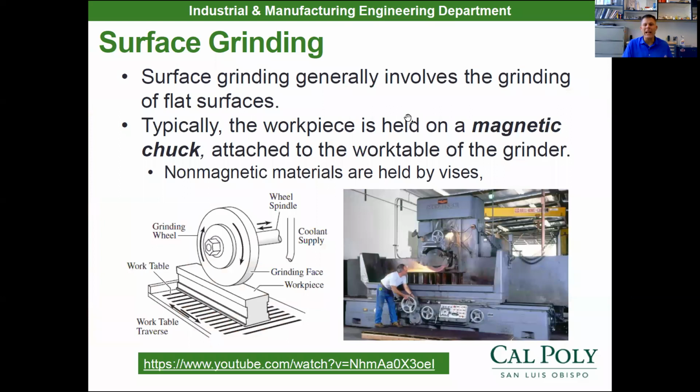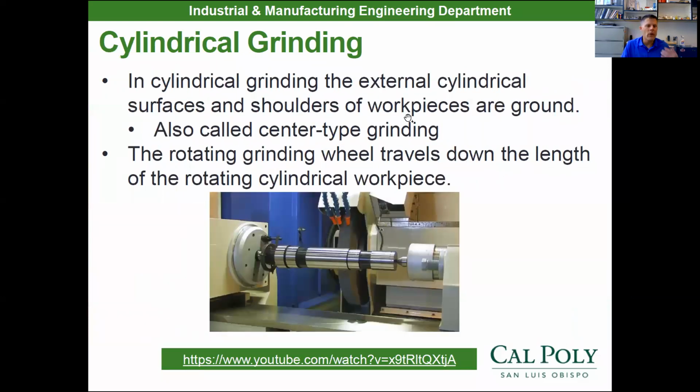Now, so that's nice flat parts. If we have to do round parts like shafts, hardened shafts have to get ground that have a real nice surface finish, or like pistons for actual shocks. If you think about motorcycle shocks, bicycle shocks, they get cylindrical ground to a tight tolerance before they get plated.